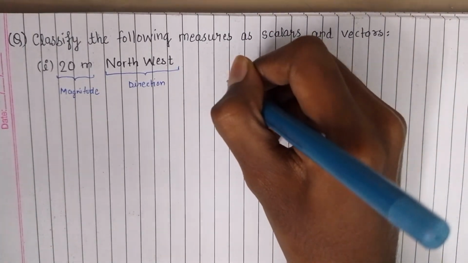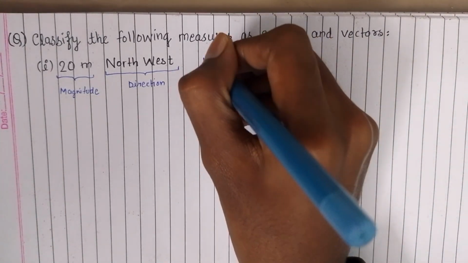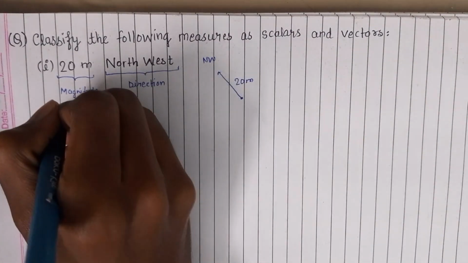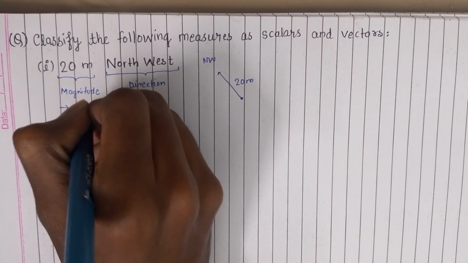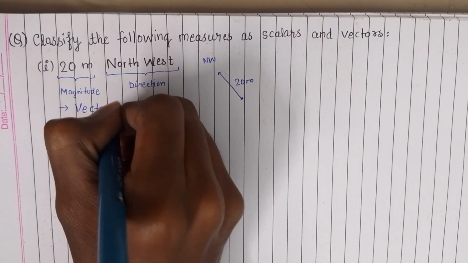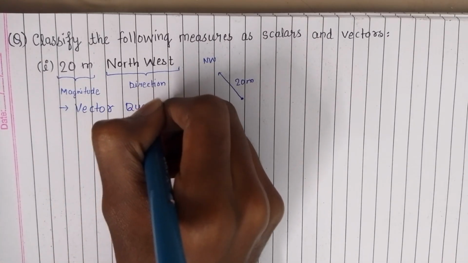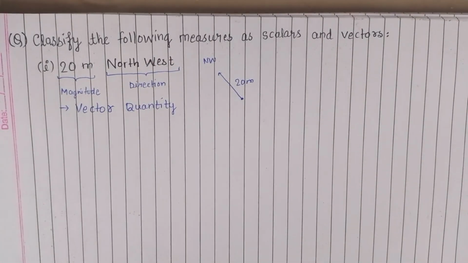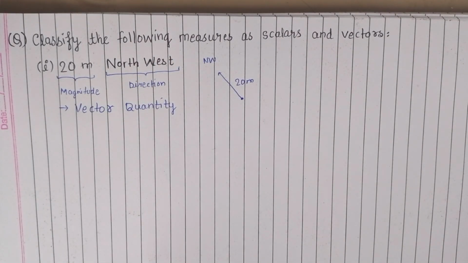In northwest. You know, this is the northwest direction and it's 20 meter. That's why this is a vector quantity. It tells displacement. Example of displacement, 20 meter northwest. It means the object has traveled 20 meters but in the direction of northwest. That's why it's a vector quantity.